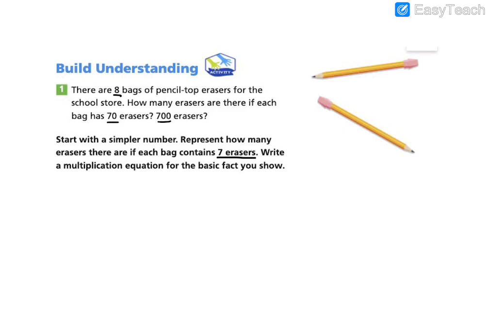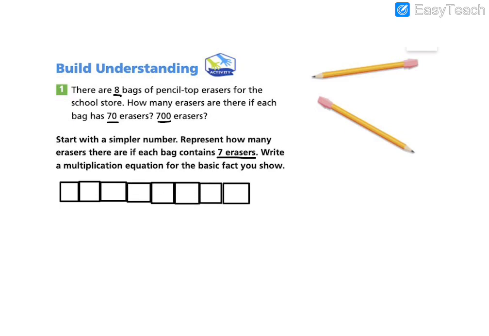Write a multiplication equation for the basic fact that you know. Okay, so if we have 8 bags, and then there are 7 erasers in each bag. Go ahead and write your equation to show what this bar model represents.